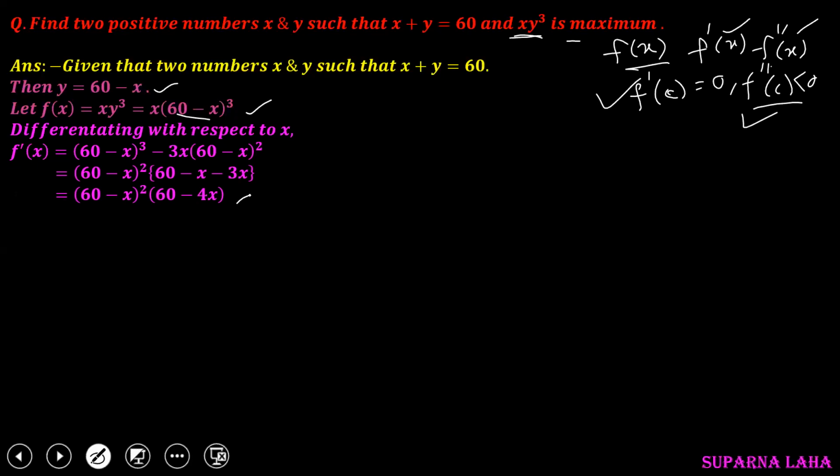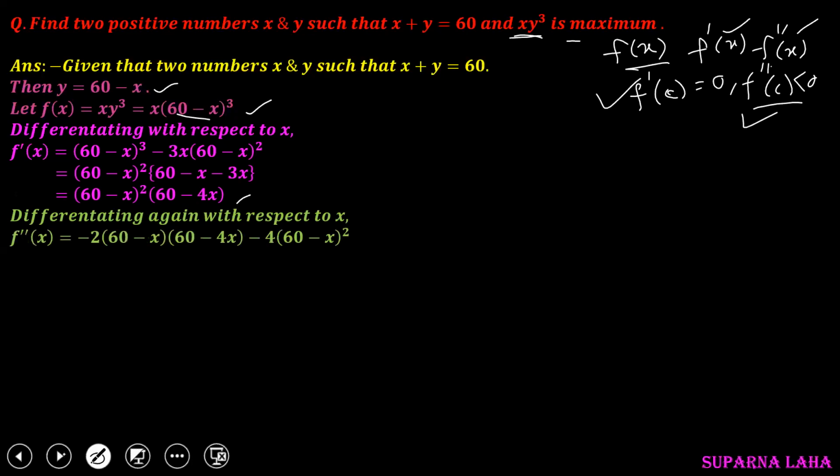Now let's find the second derivative. Again apply this u into v form, that is formula for product, for f double dash x. So differentiate this function. I think it is very easy to differentiate the function. I don't need to explain it.